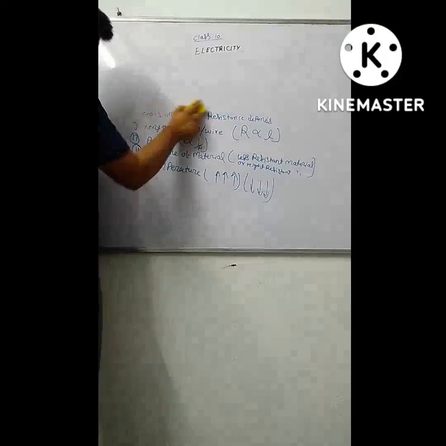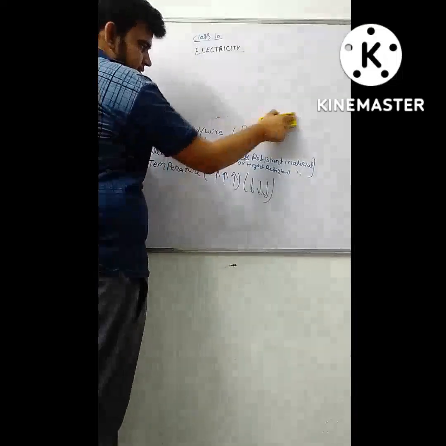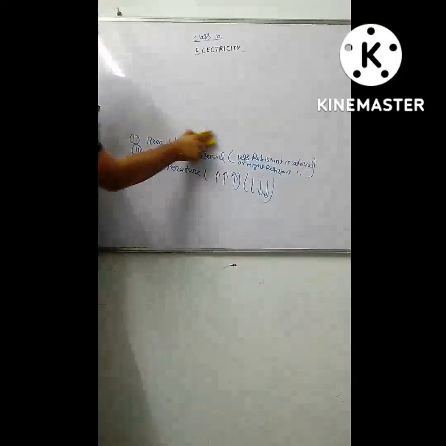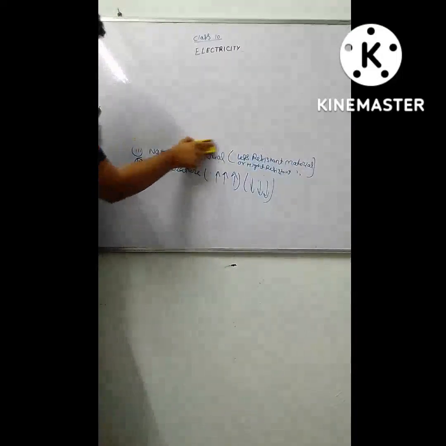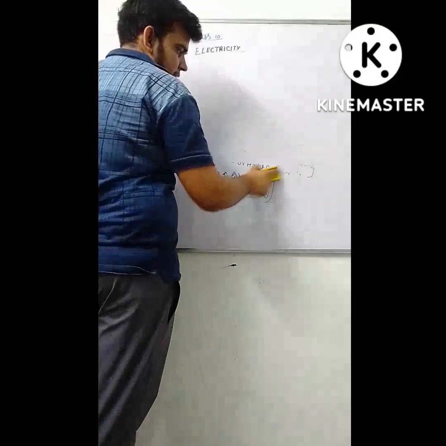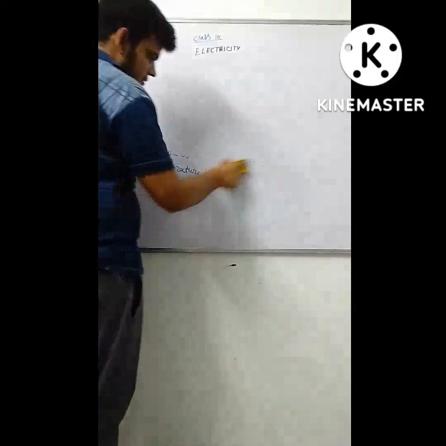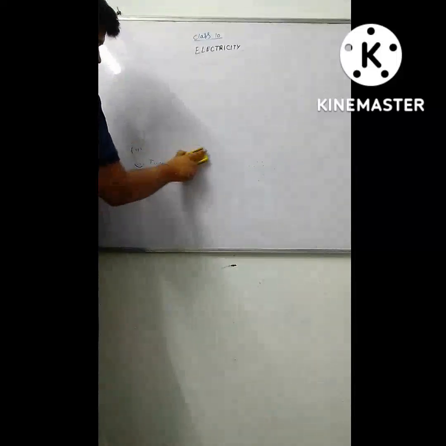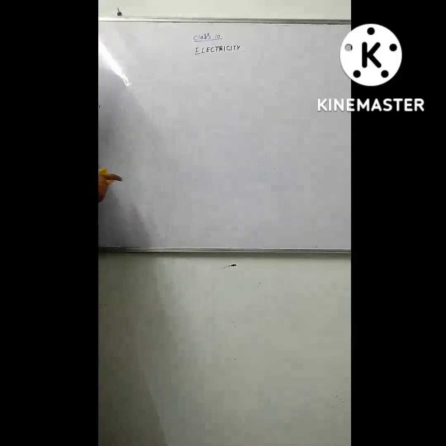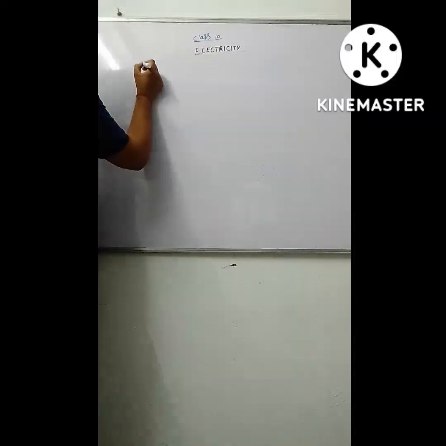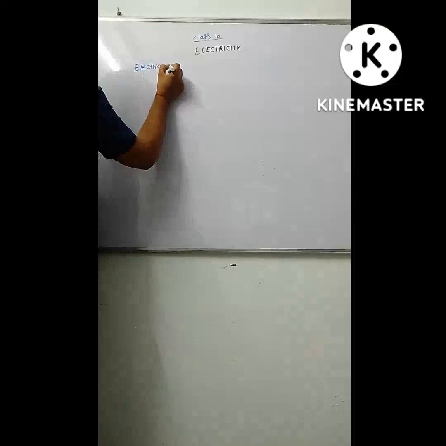Now, before starting Ohm's law, let's discuss something about electric current in detail. In the starting, I will discuss only its definition, and then some important points about electric current. Then we start Ohm's law.